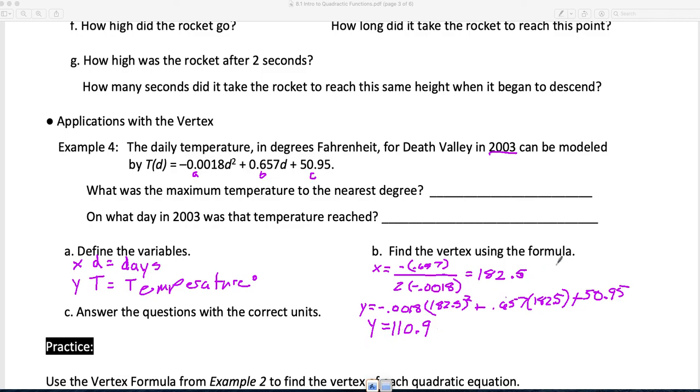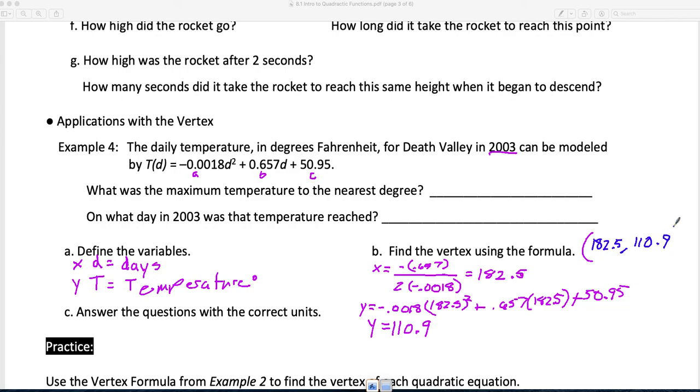All right, so what does that tell me? I'm going to break this down and write this vertex because it's going to be really interesting, and you're going to see how we take this apart. I've got an ordered pair that's a vertex. My x coordinate is 182.5. My y coordinate of this vertex is 110.9.